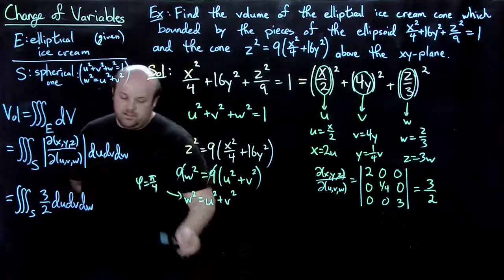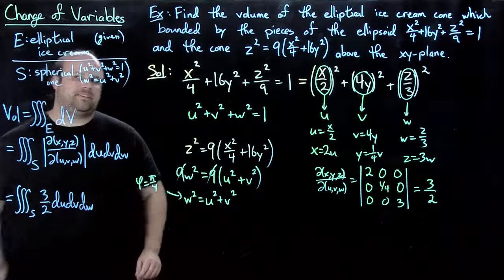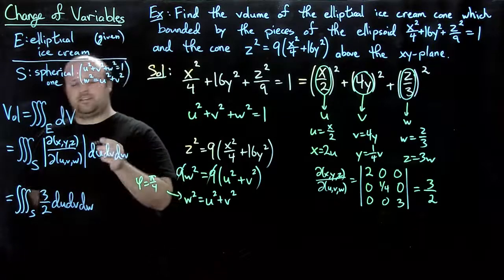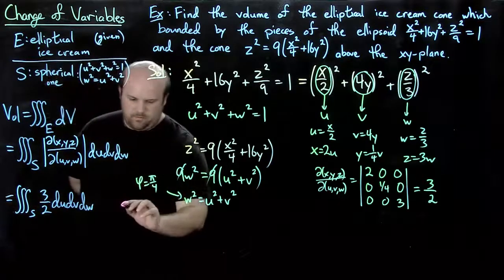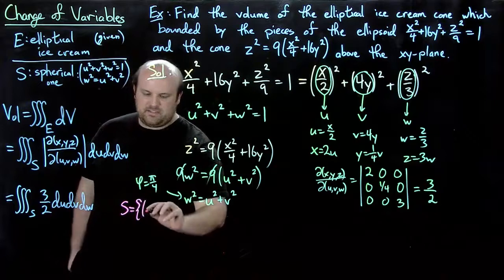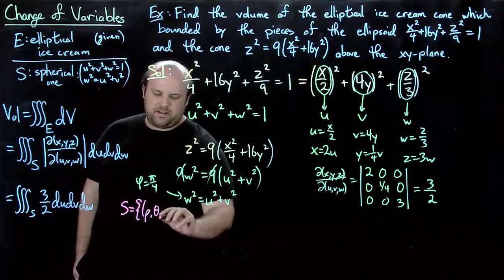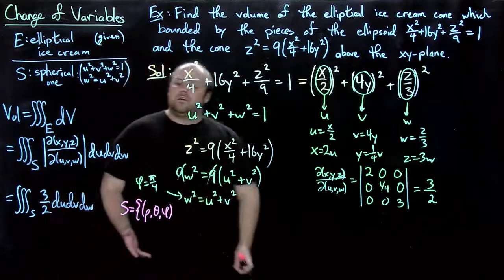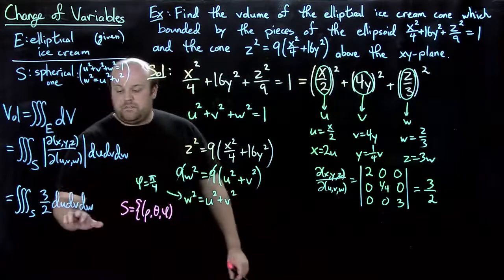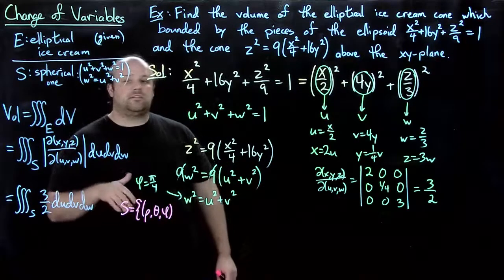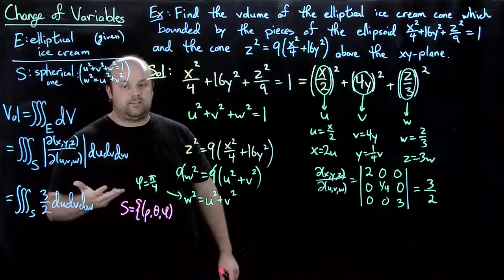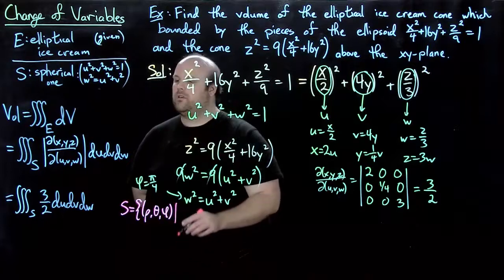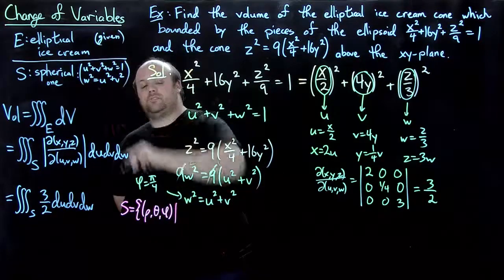All right? So how do we do it? Well, this S here, we want to describe this in terms of rho, theta, and phi. Now here, u, v, and w are playing the roles of the usual x, y, and z. So rho will go from 0 to 1.